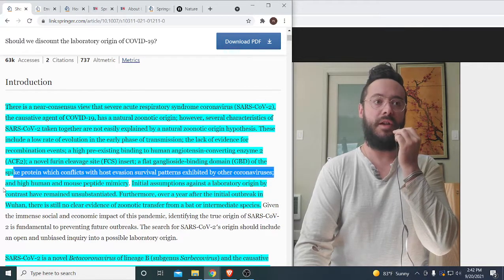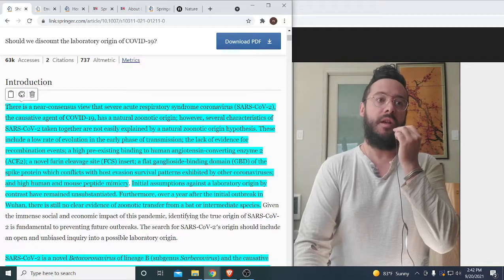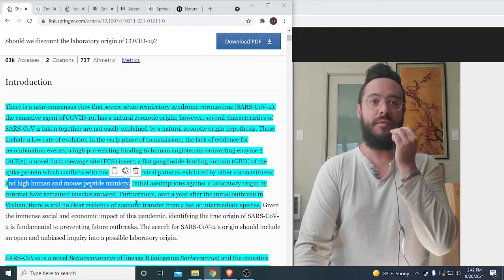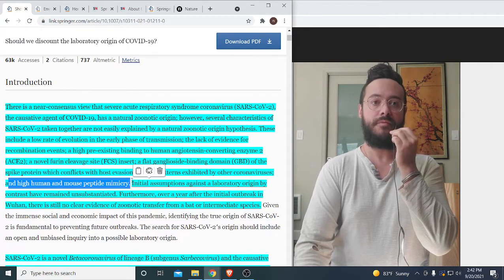Very important aspect. And also a high human and mouse peptide mimicry, which is again very unusual.